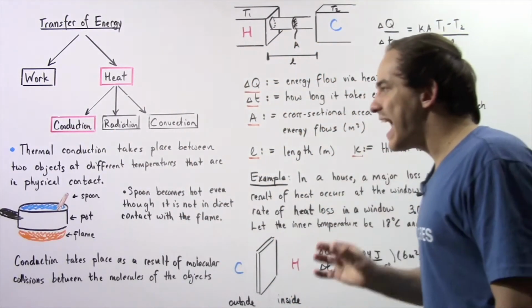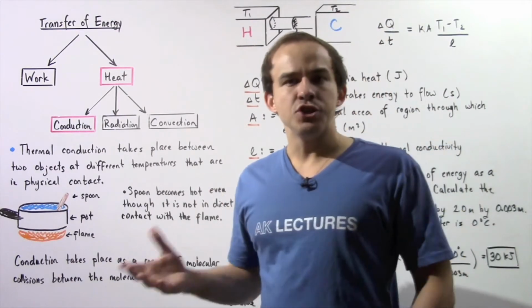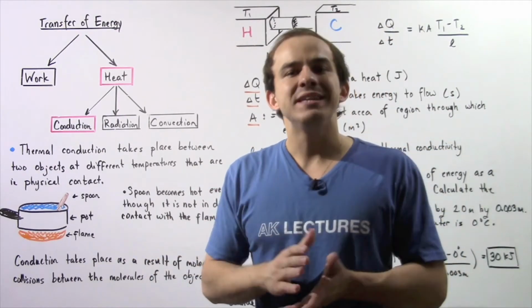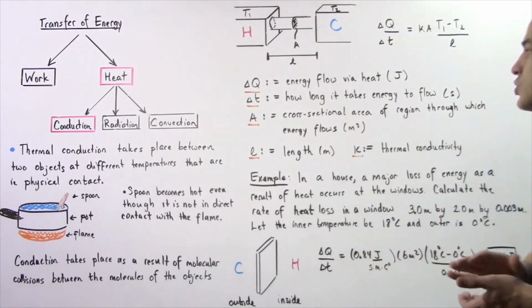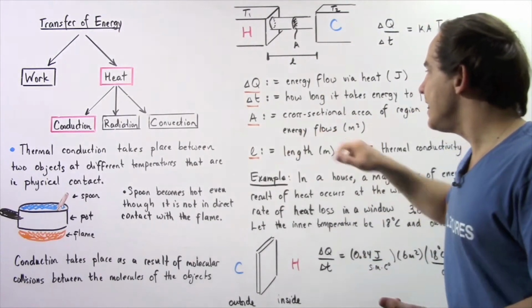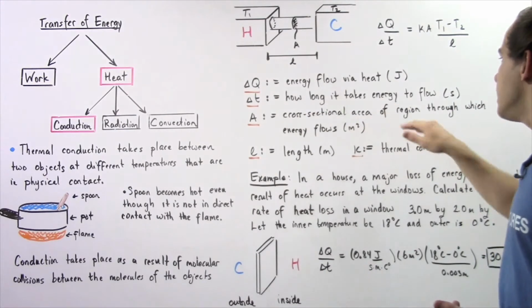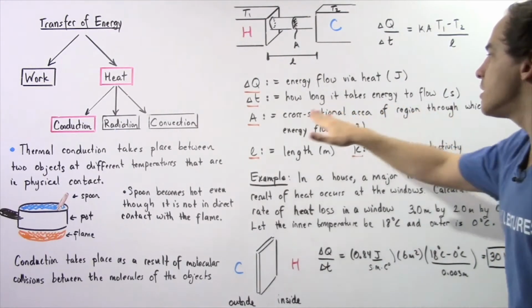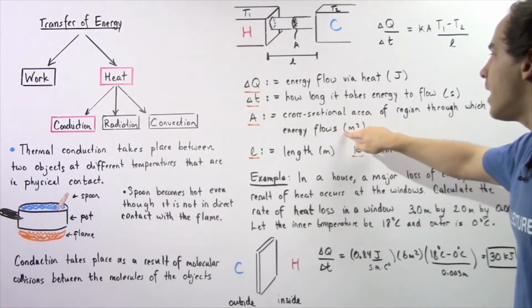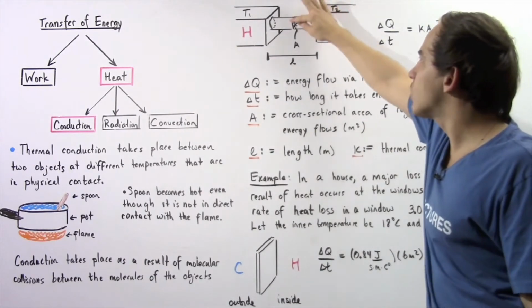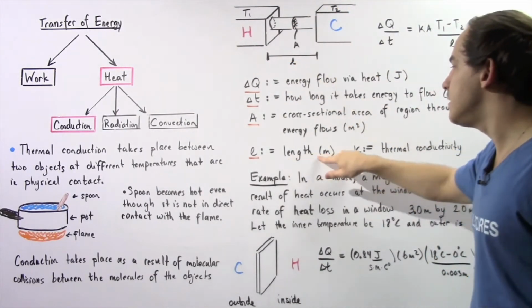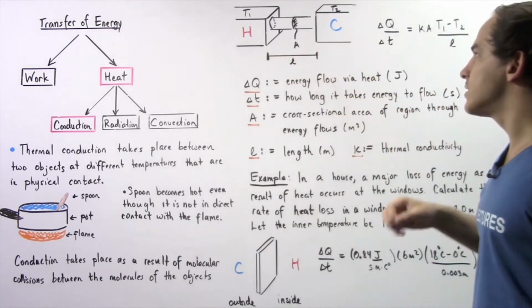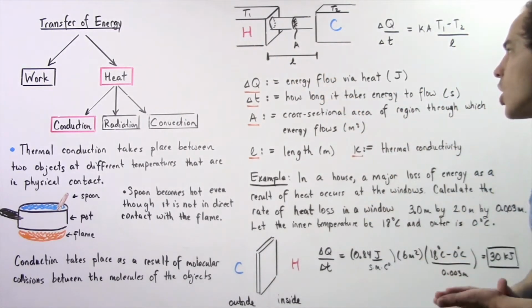Now, what exactly is the amount of energy that will flow over some given unit of time across the following bridge? So let's suppose that A is the cross-sectional area of the region through which the energy flows, and it's given in meters squared. And this is our cross-sectional area. Suppose that L is the length given in meters of this section through which the energy flows.